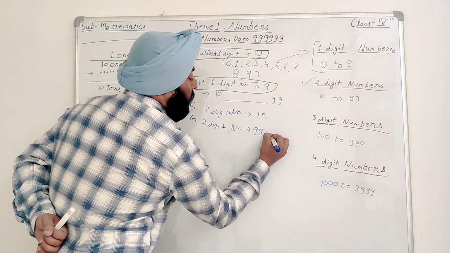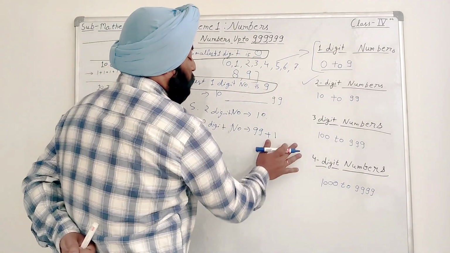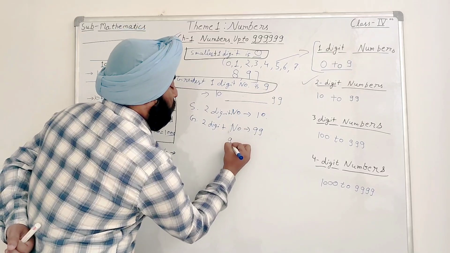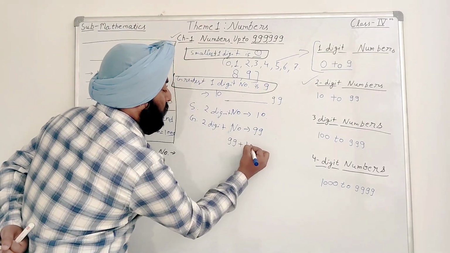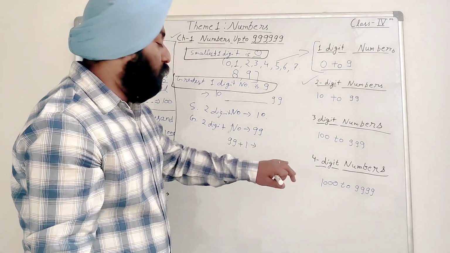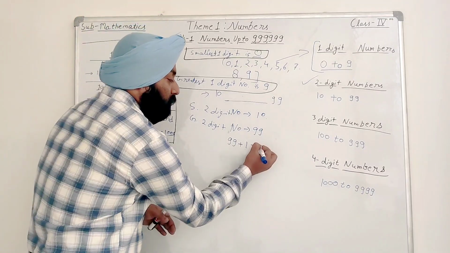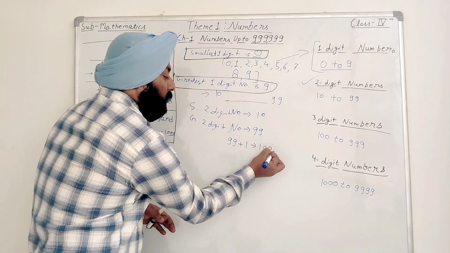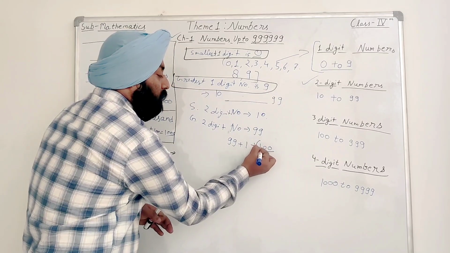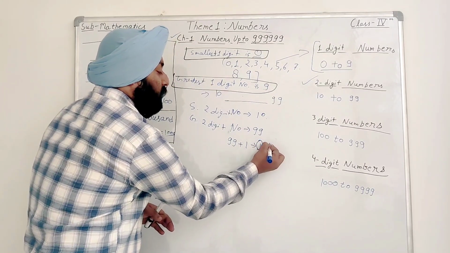If we add 1 in 99, we all know 99 plus 1 is 100, and in 100 we got 3 digits.